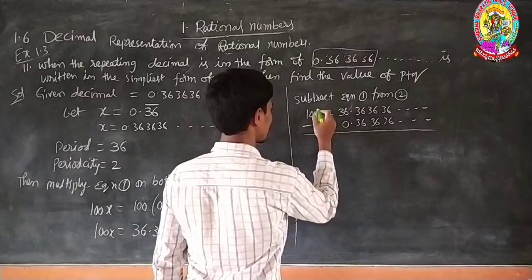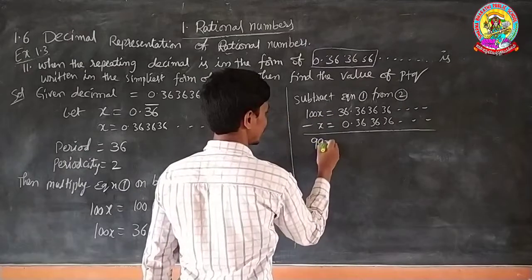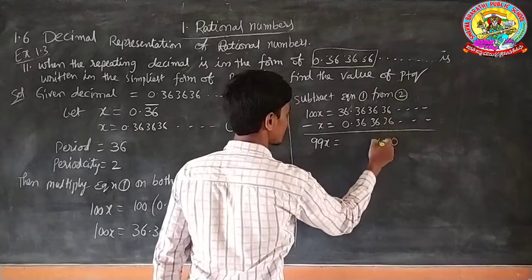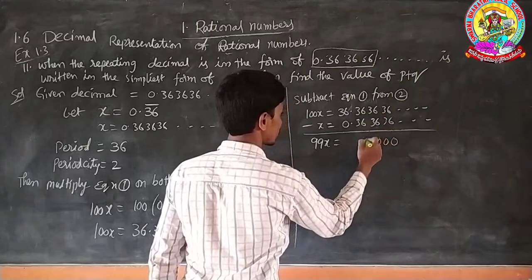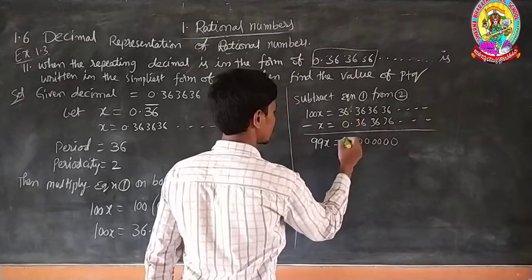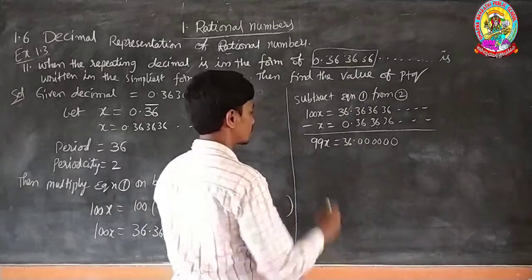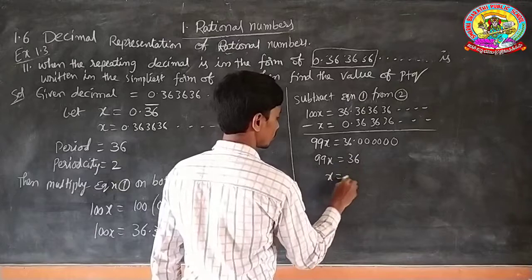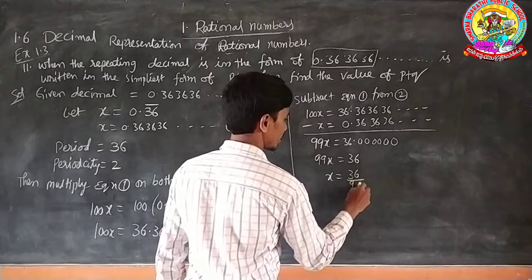By subtracting, 100x minus x becomes 99x, and 6 minus 6 is 0, 3 minus 3 is 0, and so on, leaving 36. So 99x is equal to 36, x is equal to 36 by 99.